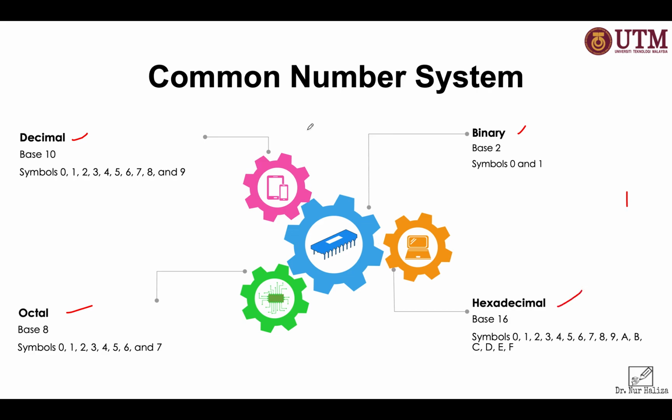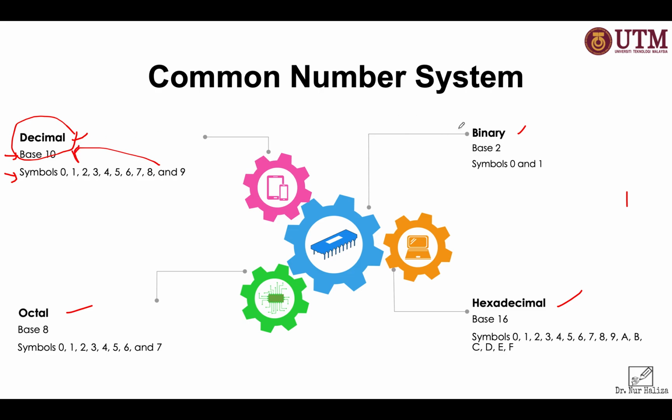You need to know how to convert between each of these number systems. So decimal is basically base 10, and of course the symbols are from 0 to 9. So we have 10 digits as the representation of decimal.